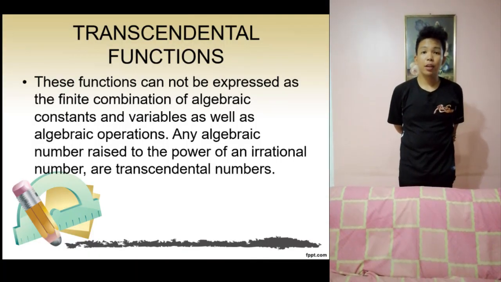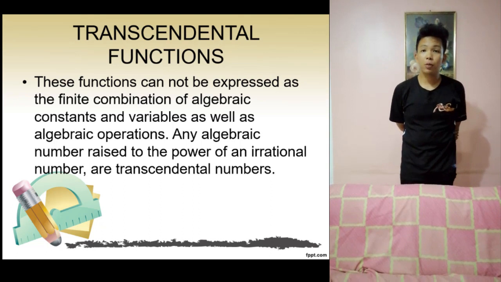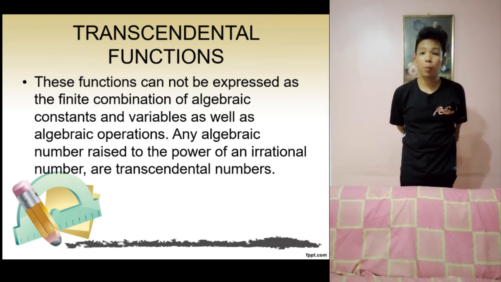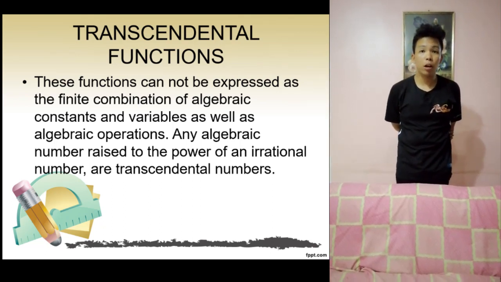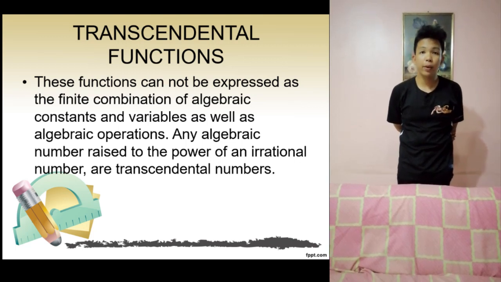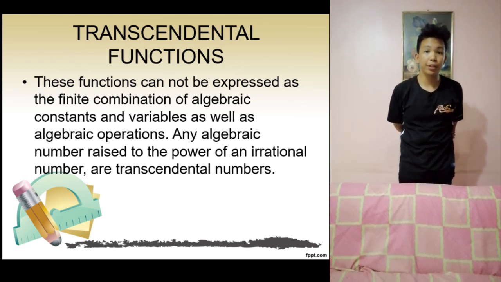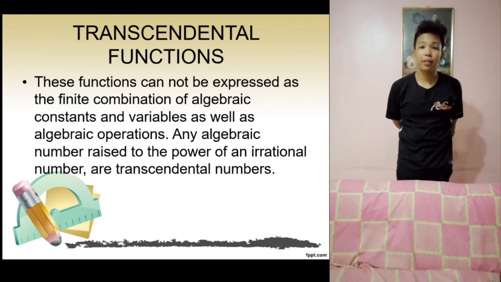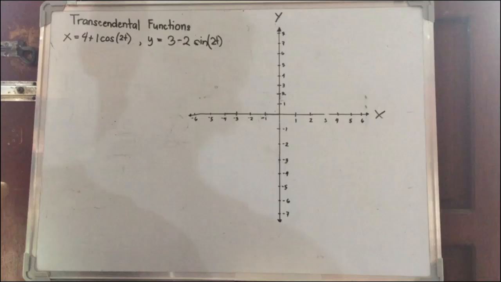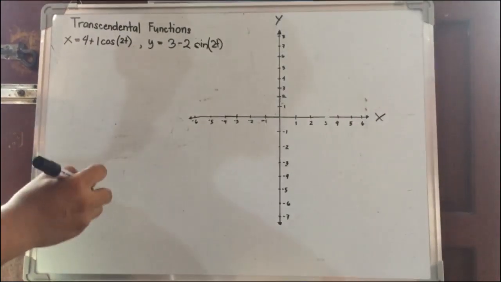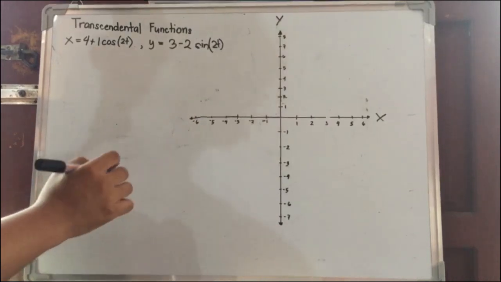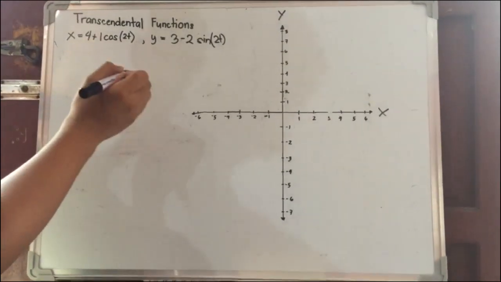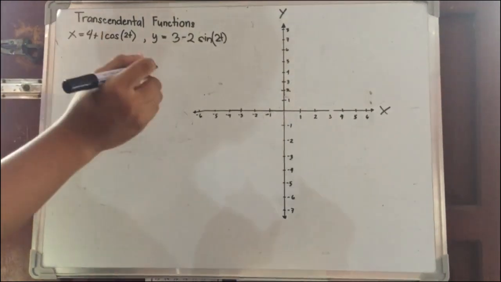Transcendental functions. These functions cannot be expressed as a finite combination of algebraic constants and variables as well as algebraic operations. Any algebraic number raised to the power of an irrational number is a transcendental number. In graphing parametric equations, the x and y are not given.